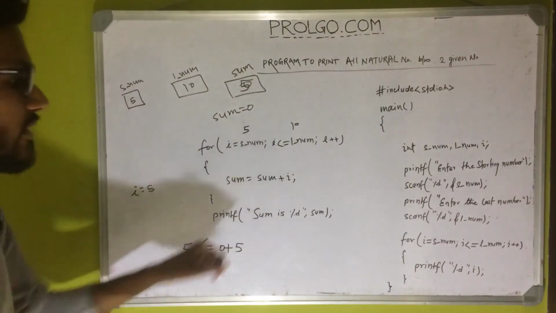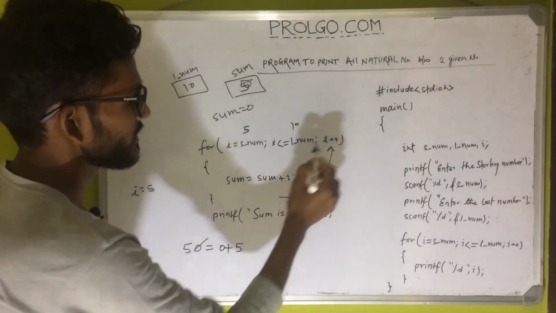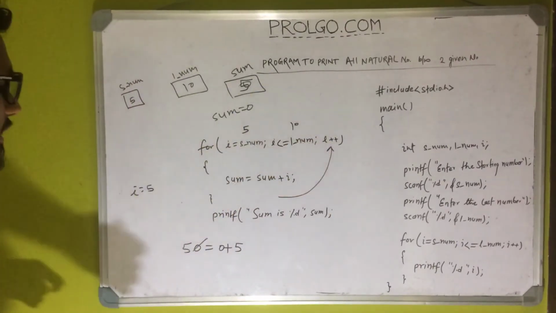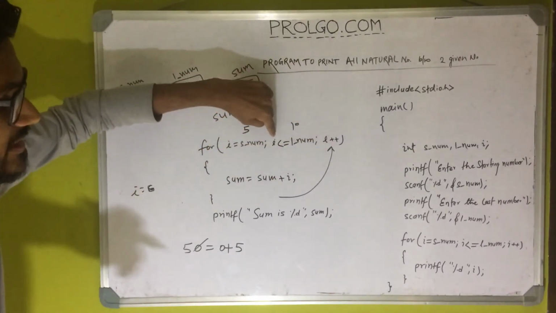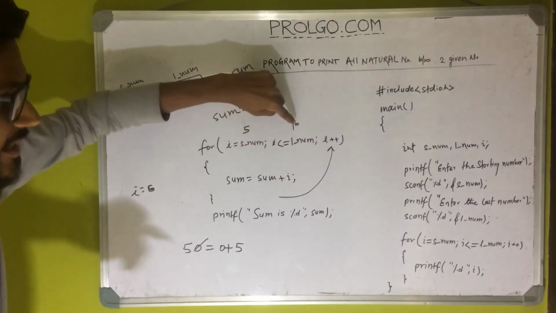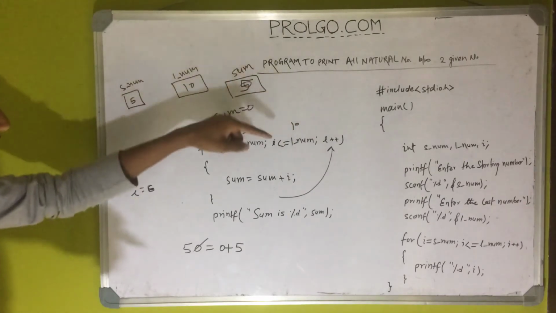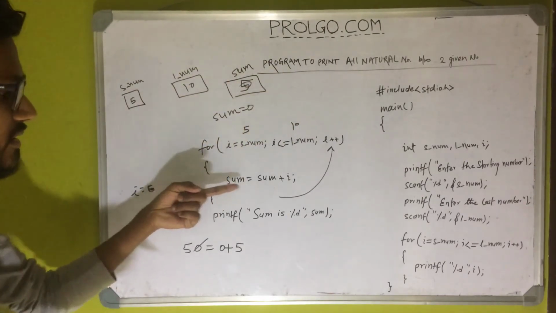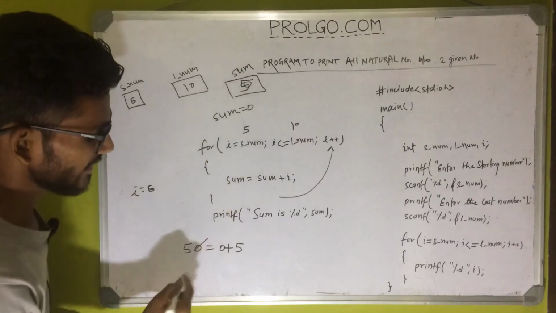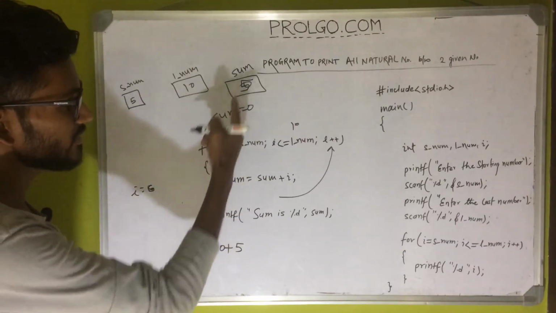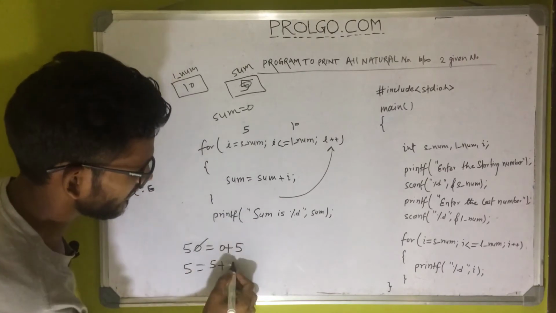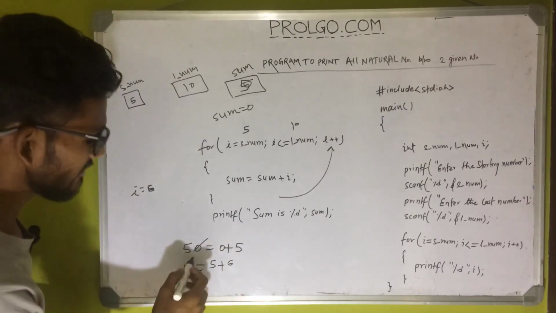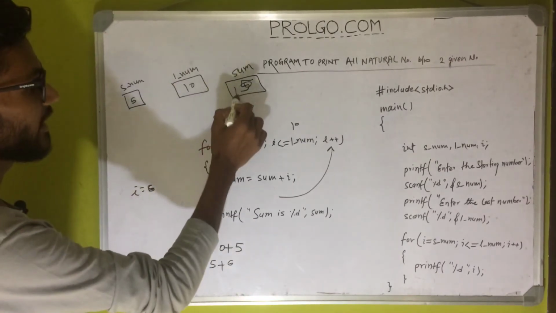Now after executing this statement, the control goes here and the value of i will be incremented to 6. So it will check the condition, 6 is less than or equal to 10, yes that's correct. So it will come inside this block and execute this statement. As of now inside sum the value is 5, so it would be 5 plus 6, which is 11. So this will be updated as 11.